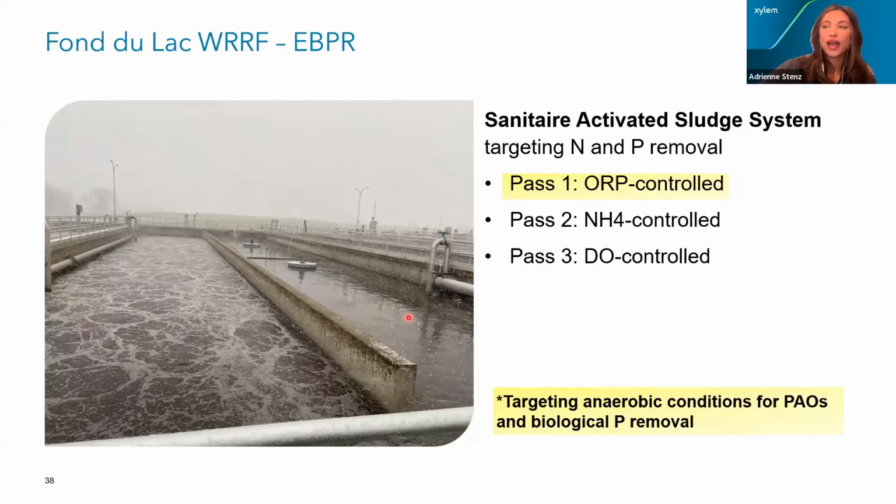This zone is controlled by a YSI ORP sensor to verify that the conditions are anoxic. Pass 2 is ammonia controlled. It's controlled with an ammonia IOC sensor to target the removal of nitrogen from the water. And pass 3, which you can't see here, is DO controlled.